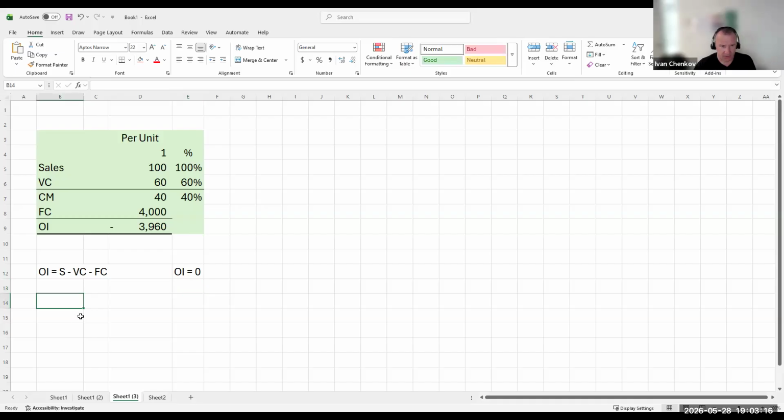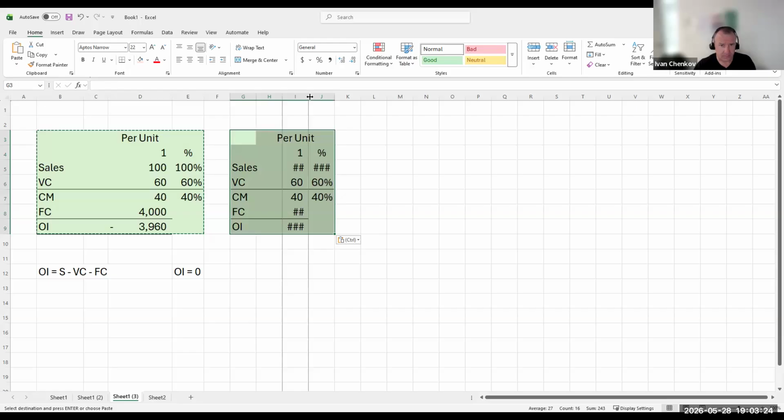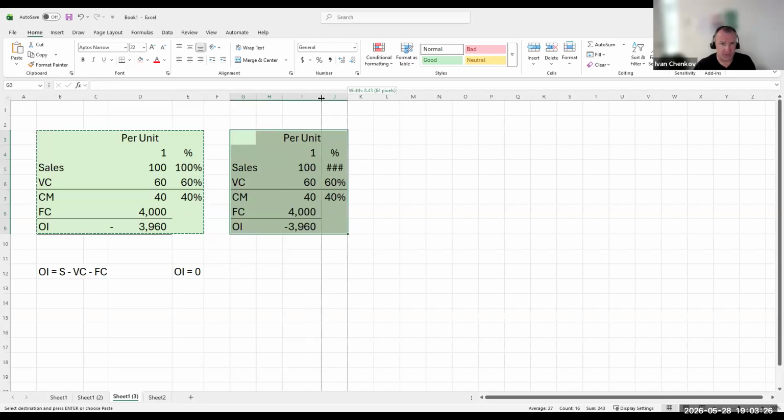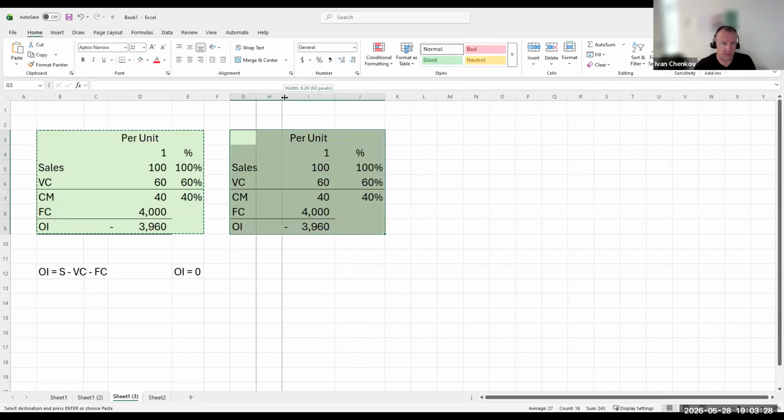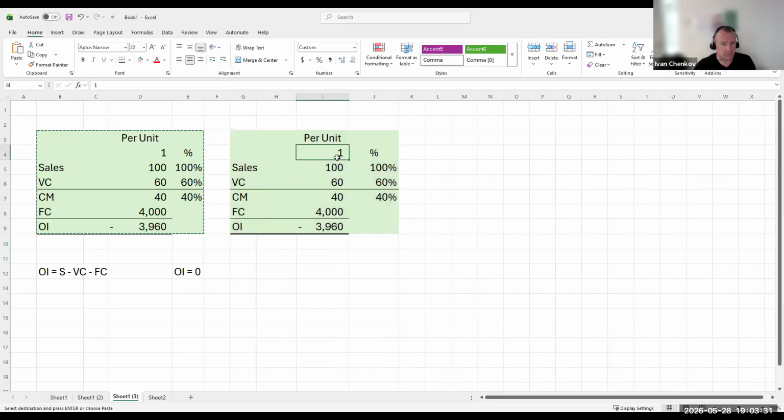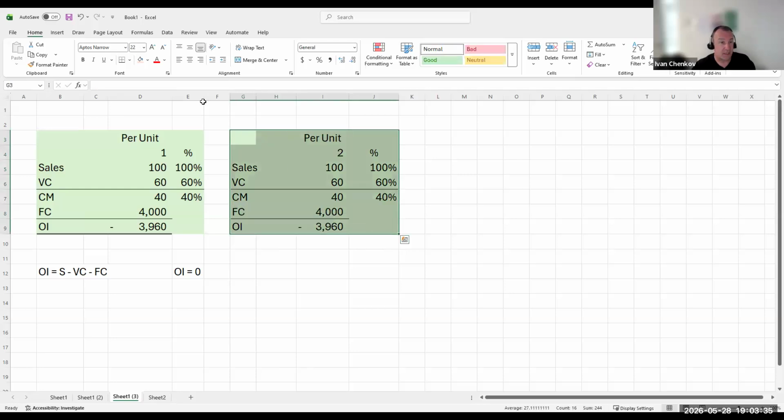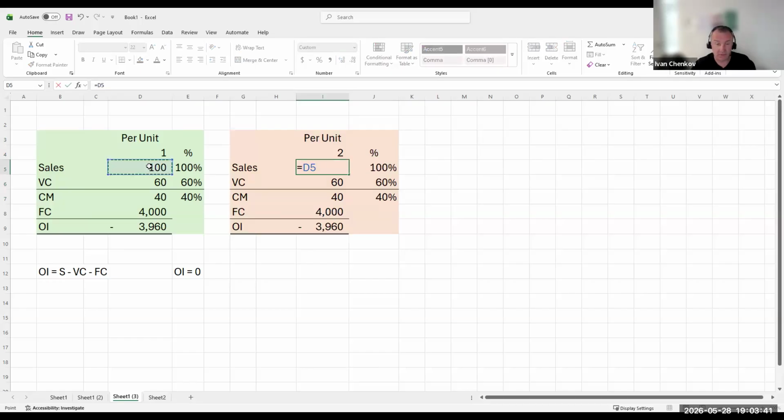Now, let's do some calculation. We already saw that if I sell 2 units, if I increase my sales to 2 units, my sales are going to double. Not because I'm increasing the sales price, but because I'm selling one additional unit. So my sales instead of 100 is going to be $200.